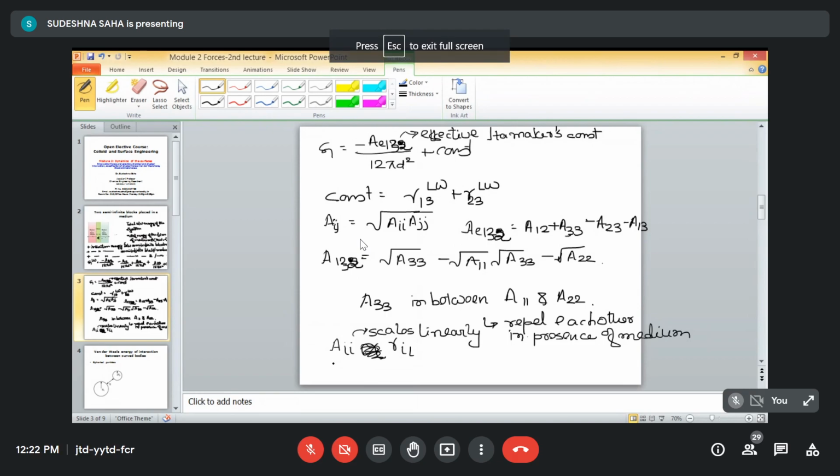So the condition for repulsion, we can write in terms of the surface energy rather than the Hamaker constant, because surface energy is a directly measurable quantity, whereas the Hamaker constant you have to calculate by empirical equations. If we put it in a measurable quantity, it will be very easy for us to understand whether those two particles will repel or attract each other.